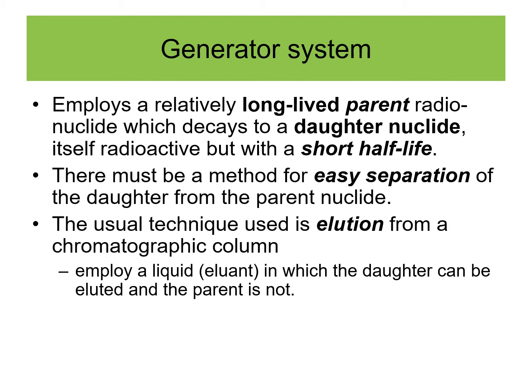The challenge then is that there should be an easy method of separation of the daughter radionuclide from its parent. The usual technique used is elution from the chromatographic column using a suitable liquid eluent in which the daughter can be eluted and the parent would stay on the alumina column.